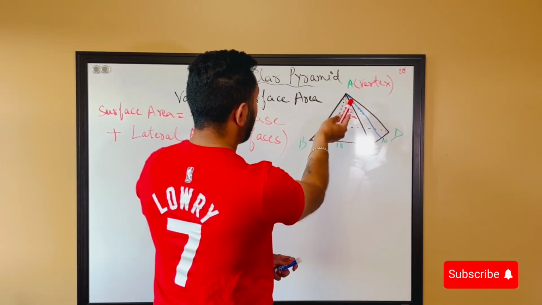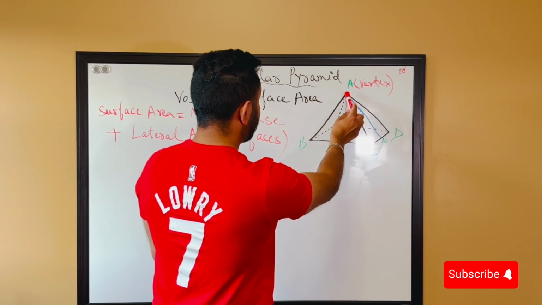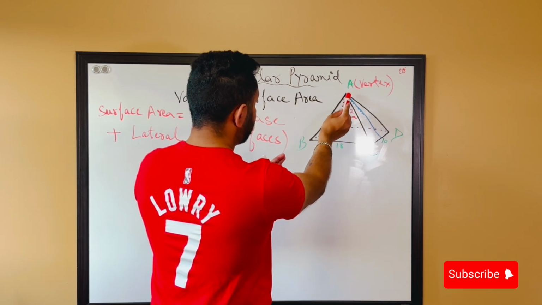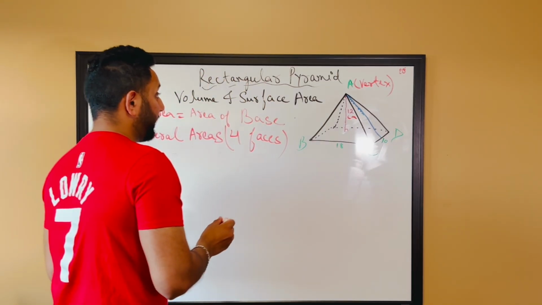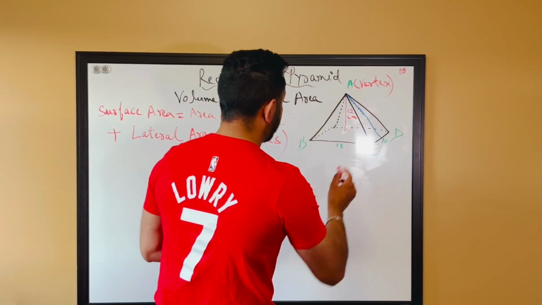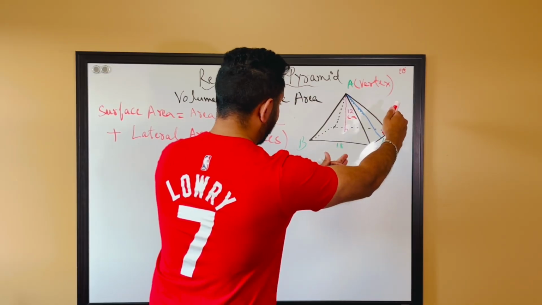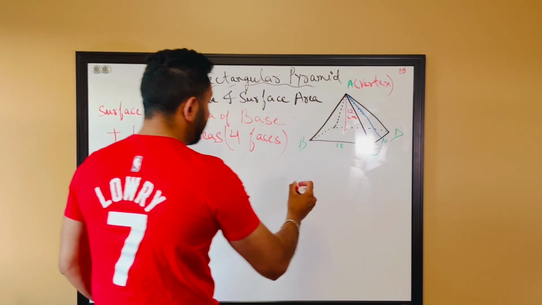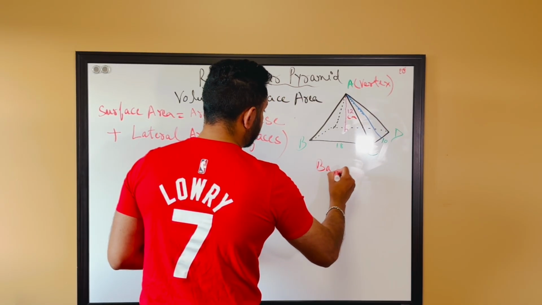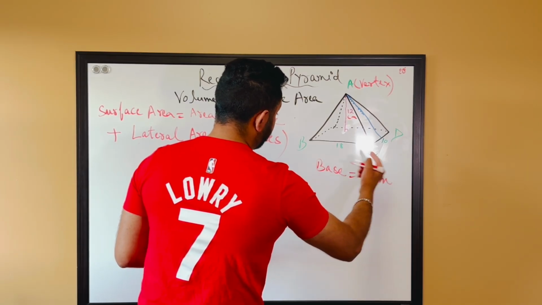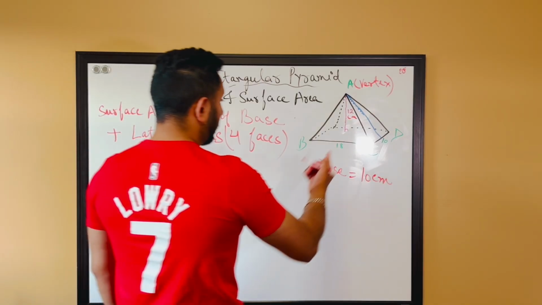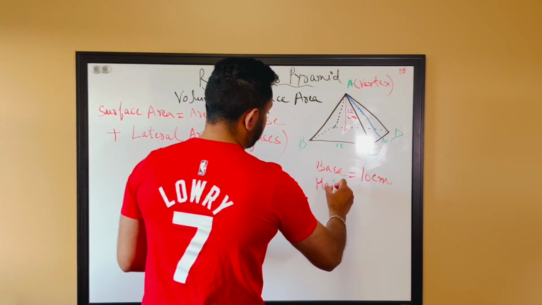Let's take an example of this triangle. If we have to find the area of this face, like ACD, in order to find the area of this triangular face, we need base, which is 10 centimeter, which is given to us, and also we need height.